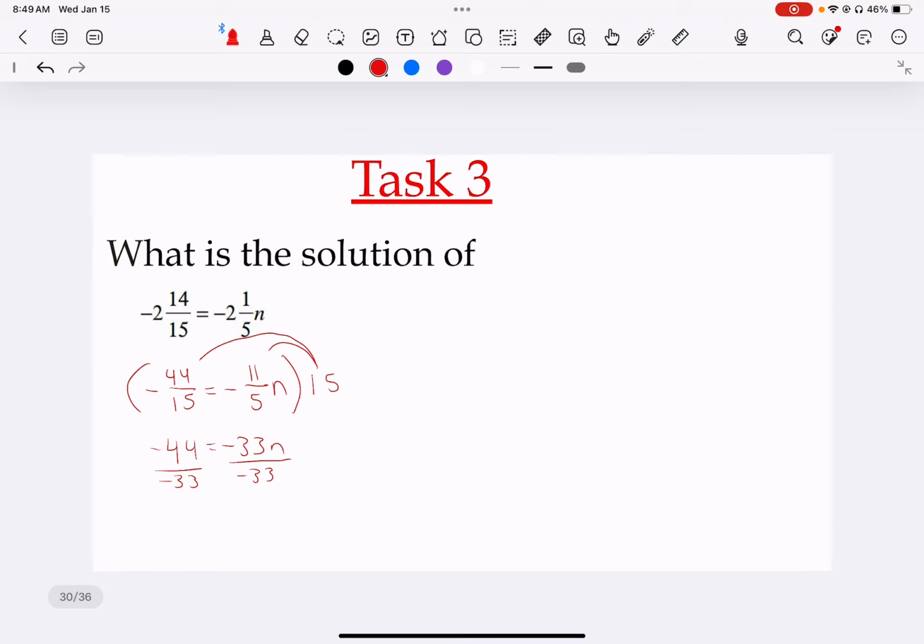Negative 44 over negative 33 is a positive 1 and 11 over 33. Negative 33n divided by negative 33 is just n. And I can reduce that fraction to 1 and 1/3 is equal to n.